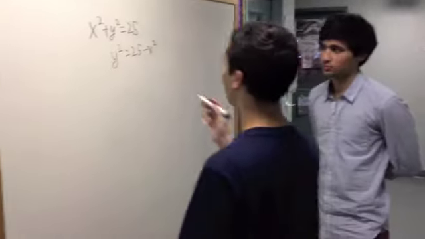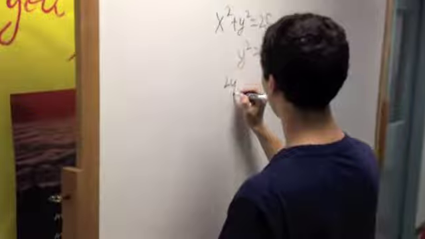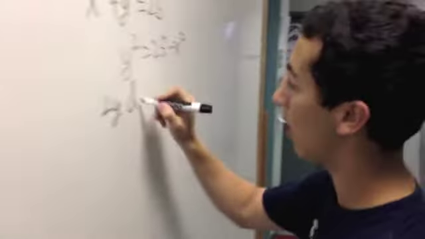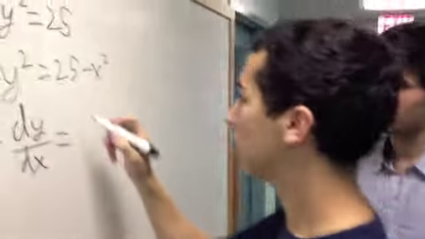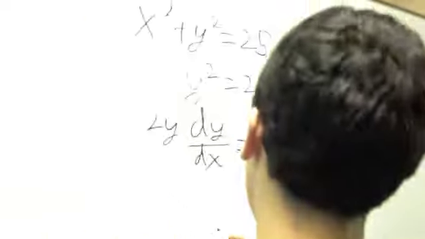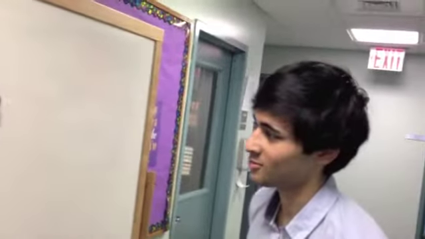Shut up. So here we're going to take the derivative of both sides. So we got 2y dy over dx equals the derivative of this, which is 0 minus 2x. Okay? Okay. See where you're going. Continue, janitor.